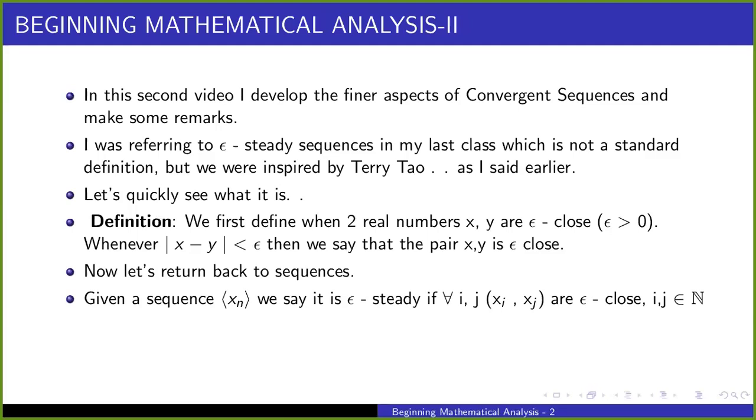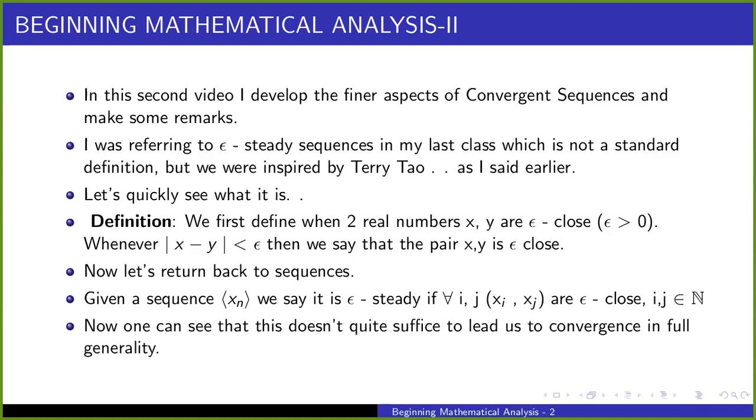We say it is epsilon steady if for all pairs i, j, xi and xj are epsilon close points. That means you pick any pair of natural numbers i, j, and xi, xj should be epsilon close. So one can see that this definition is not exactly what we want for understanding convergence in full generality.